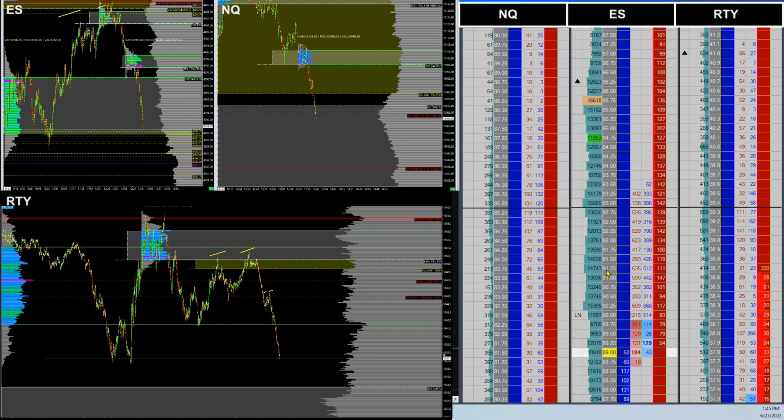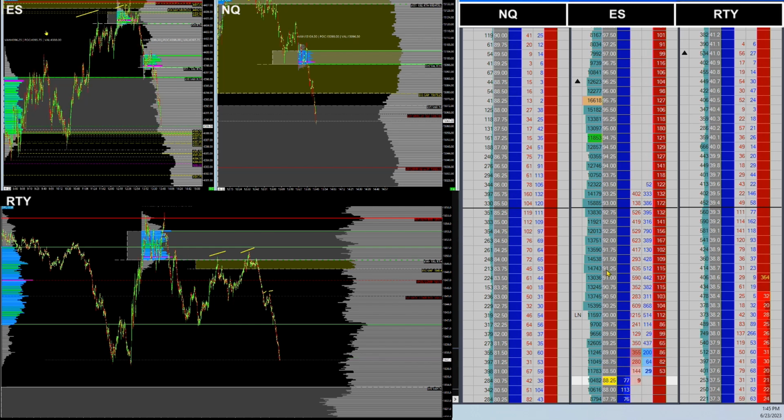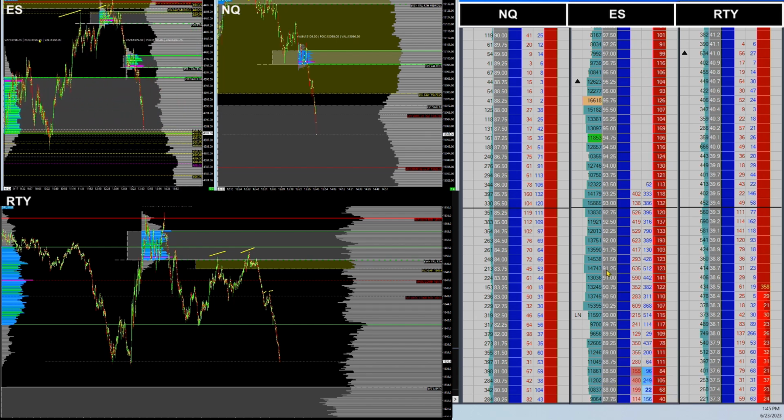We're getting overshoot. Now we're about to hit a point where there is a really good chance there could be a massive stop run on ES at this point.